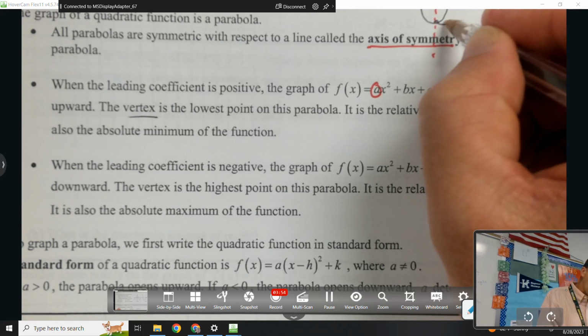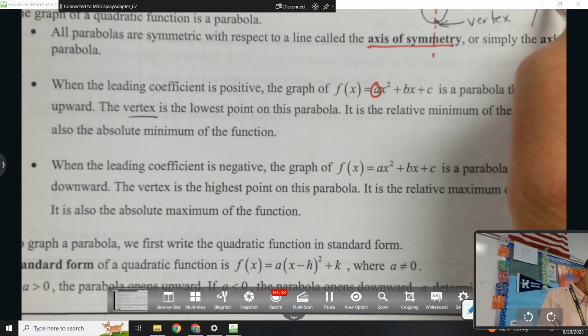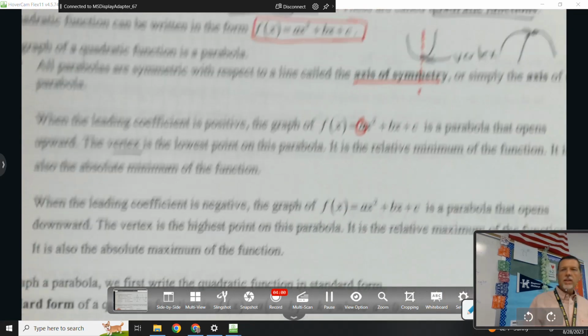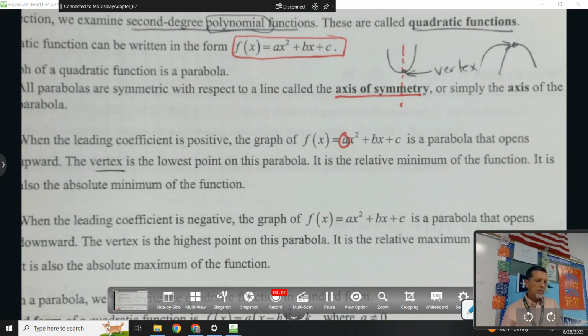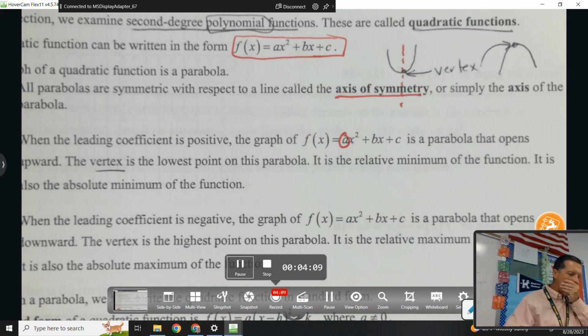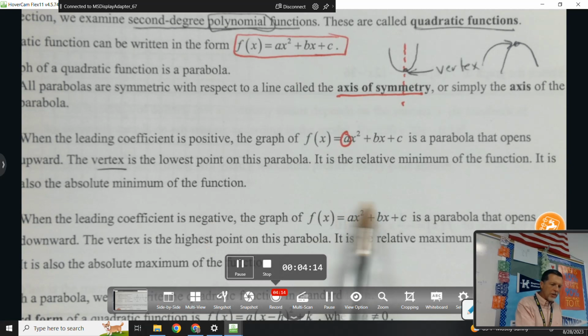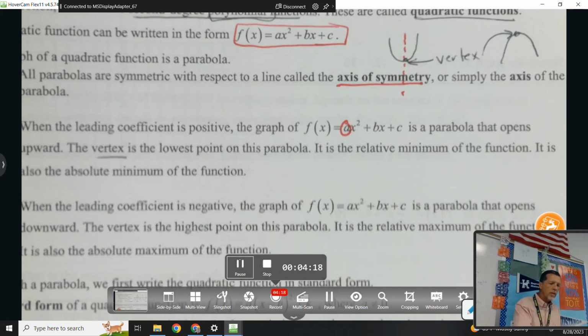The vertex is that lowest point, or highest point if it's an upside down parabola, right? So the max or the min of the parabola. All right, we're good with lead coefficients, controlling whether it's pointed up or pointed down.